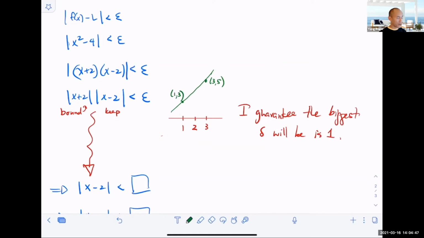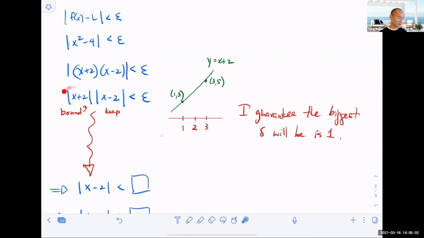And this is the line y equals x plus 2. So remember, I'm trying to bound this term right here. I want to replace this with a number, the biggest possible number.